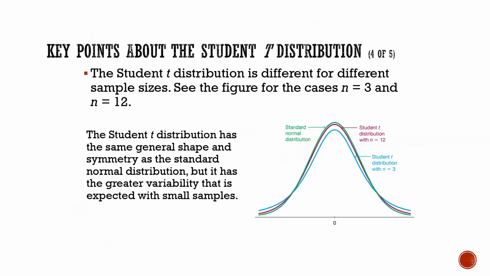So, Regina, this green curve is the standard normal distribution. These curves are very close to it, but not quite, with the differences being more extreme for small values of n.